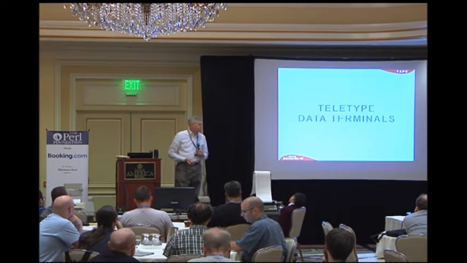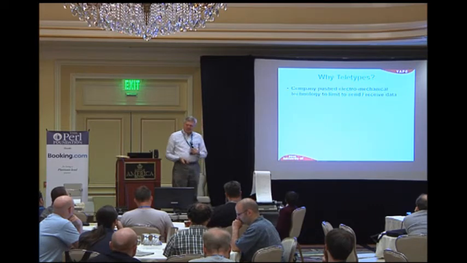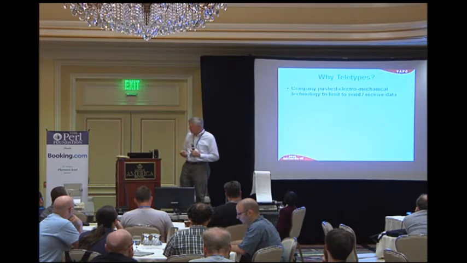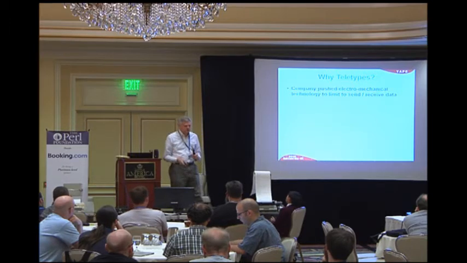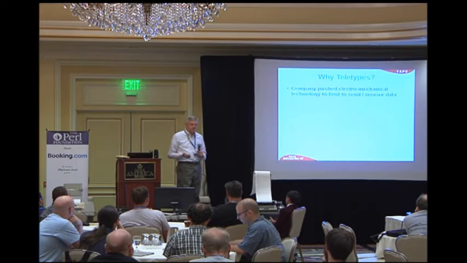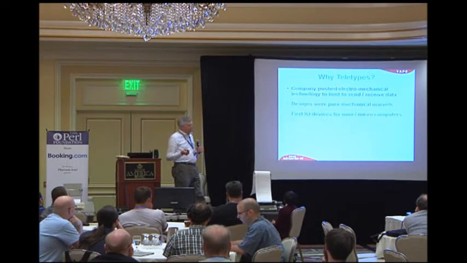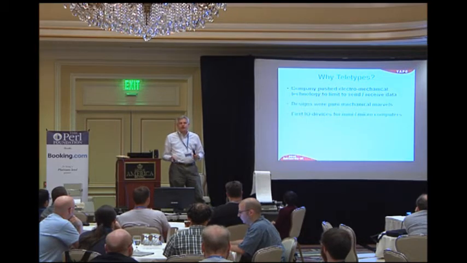So the teletype terminals. Why teletypes? It turns out the teletype company pushed electromechanical design to its limit, and it was almost pure genius in many of the things they did with clutches and mechanical mechanisms to do functions. They were the first I/O devices for some of the very early computers.